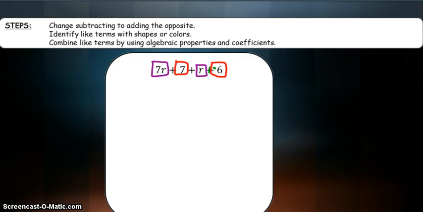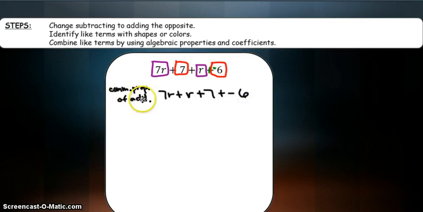Okay. So we're going to rewrite it using the commutative property of addition. We're on that third step now. Combine like terms by using algebraic properties and coefficients. So we're going to rearrange it. We want the purple by the purple and the red by the red. So 7r plus r plus 7 plus negative 6.